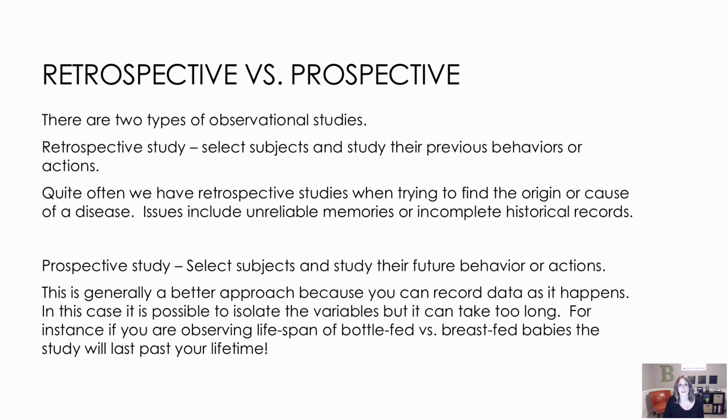There are two types of observational studies. There's retrospective and prospective. So retrospective essentially means we're taking data that's already been gathered, or we're taking information that we already have that has occurred in the past, and then we're looking at the relationship between two variables. Most commonly with retrospective studies is when we're looking at people who have a certain disease.